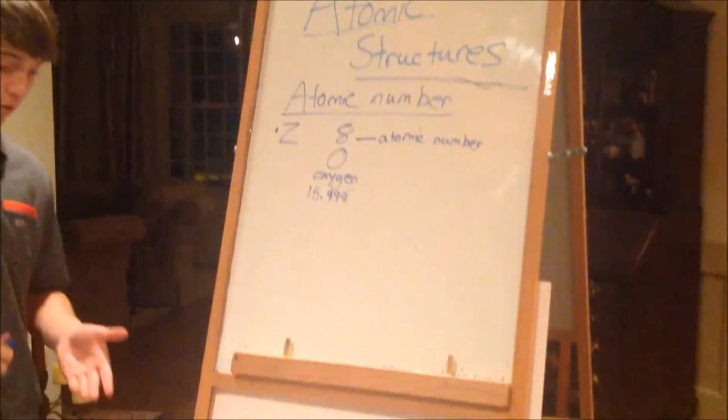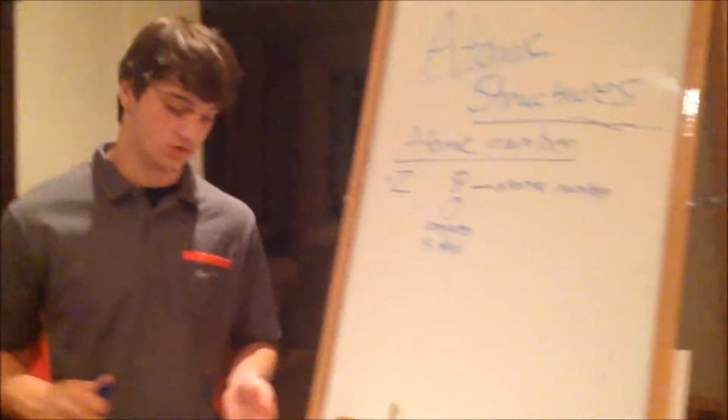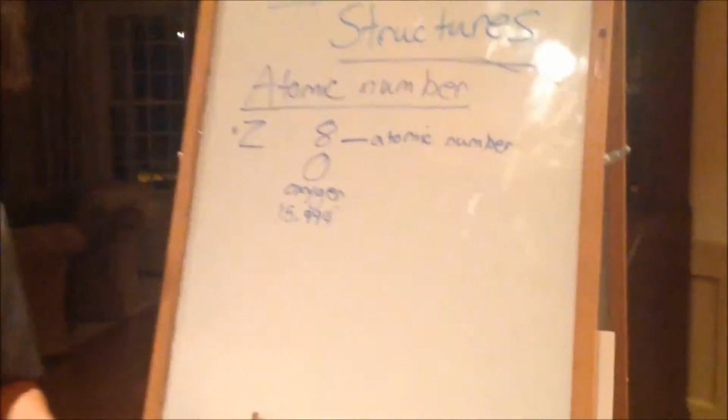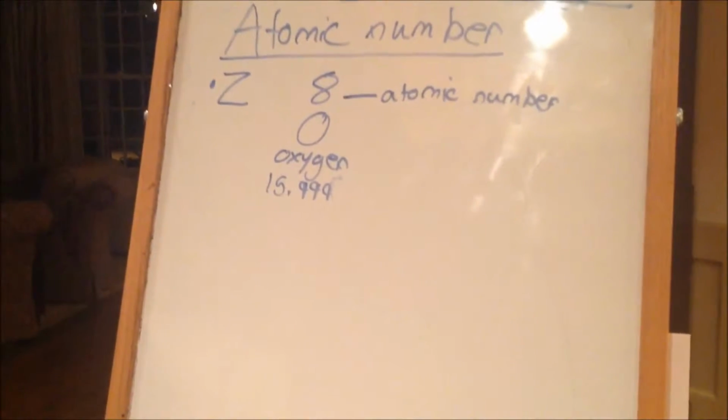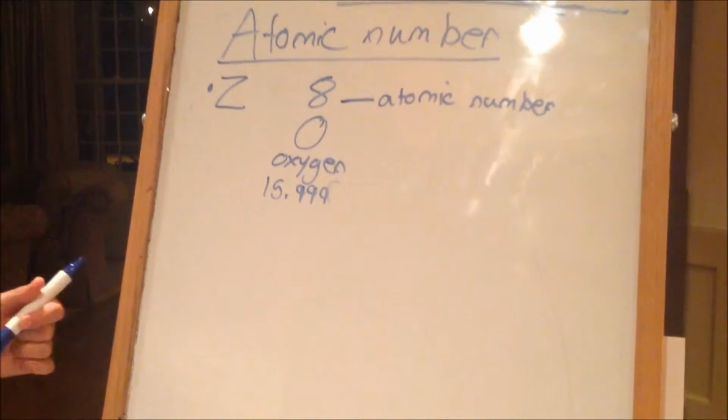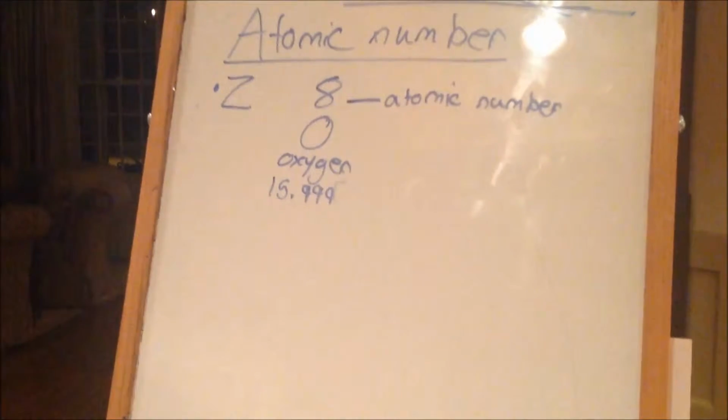Now, moving forward, the mass of a neutron is approximately equal to the mass of a proton. The mass of an atom is equal to the sum of the mass of protons and neutrons.